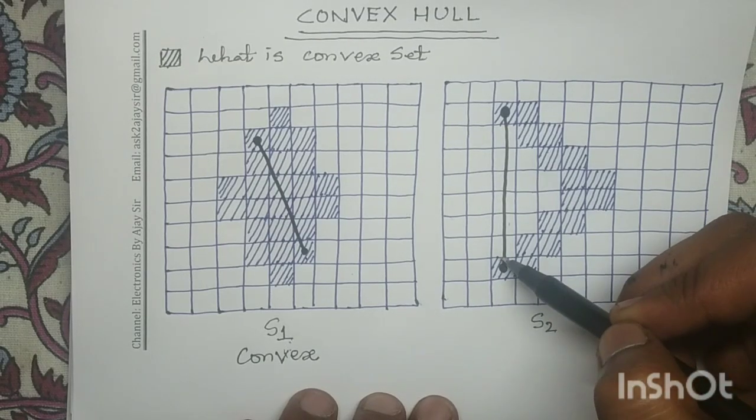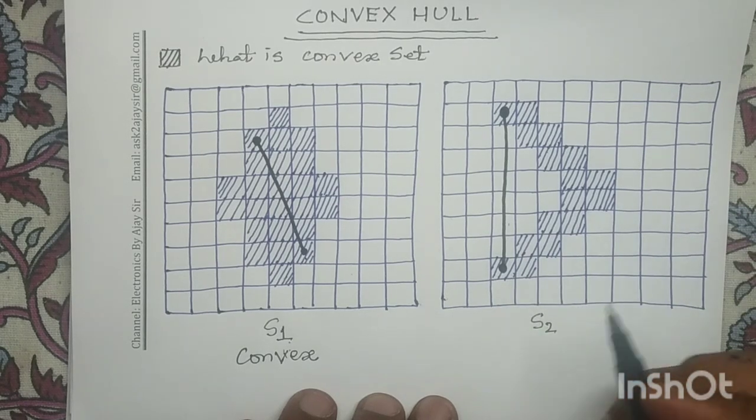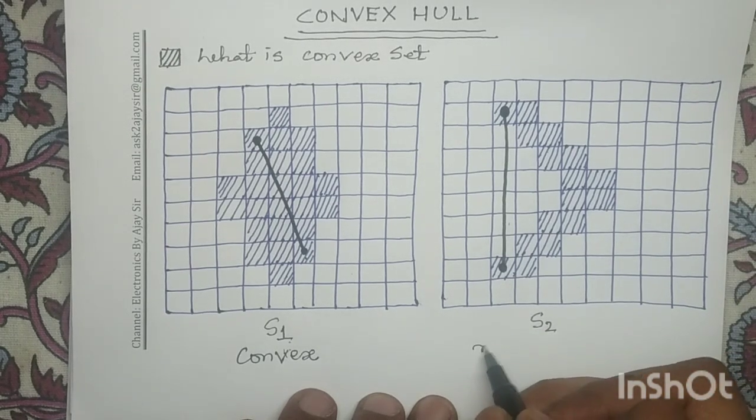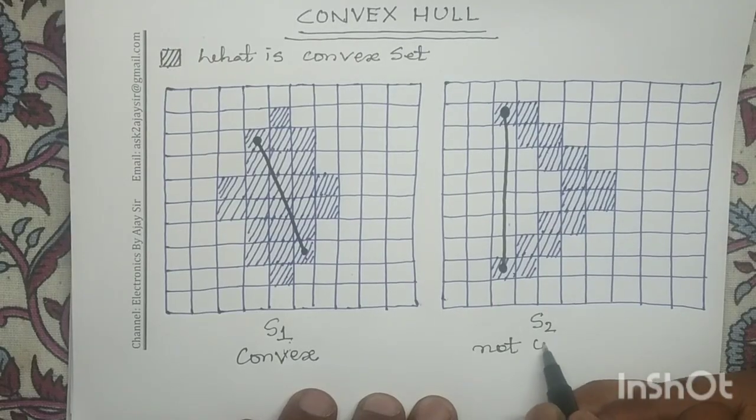This straight line is not passing through the object pixels. So we will say this object set S2 is not convex in nature.